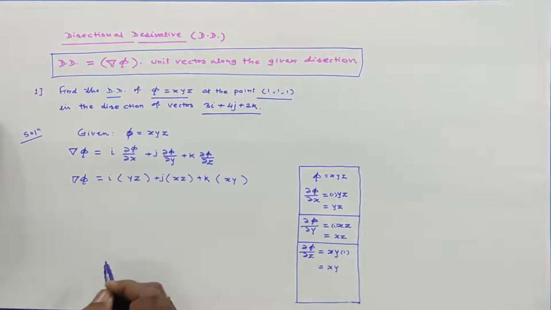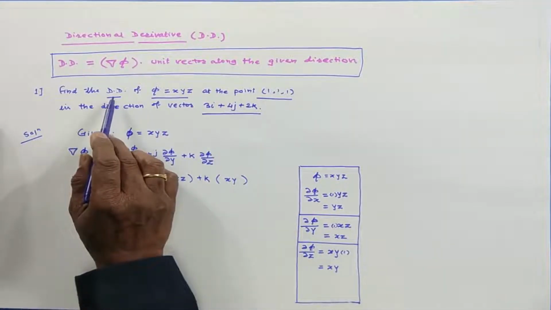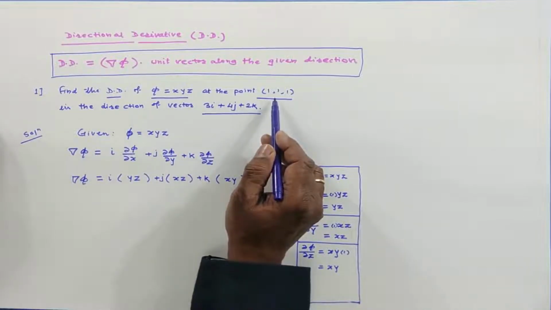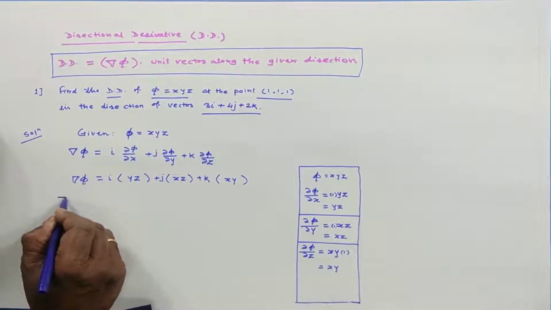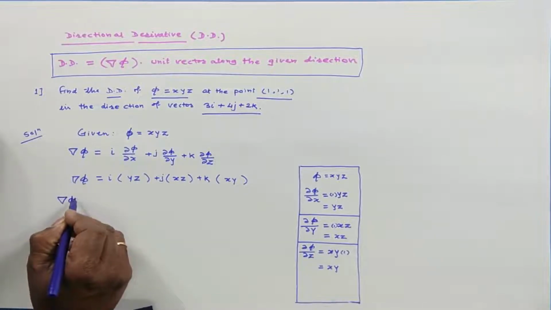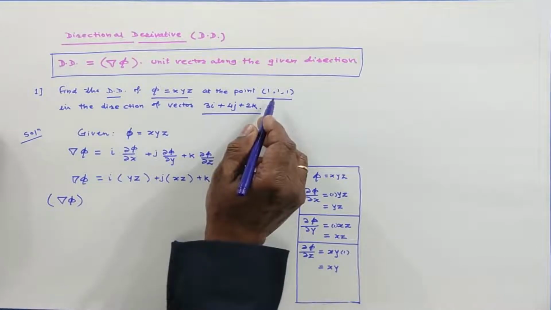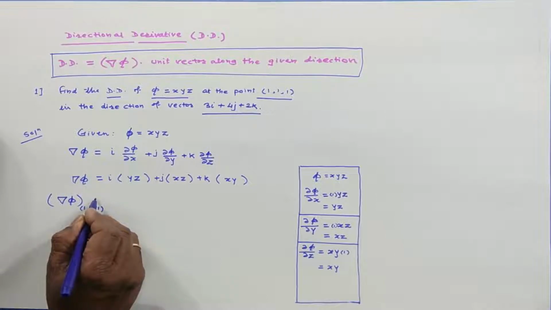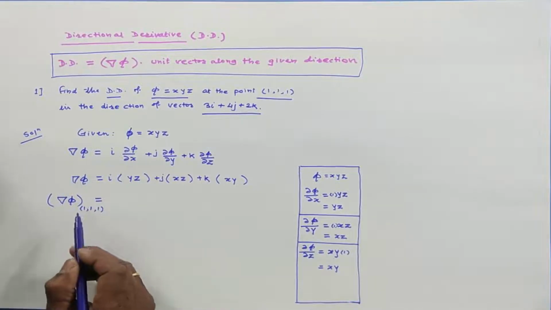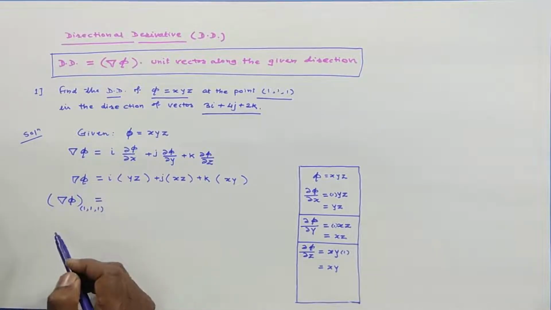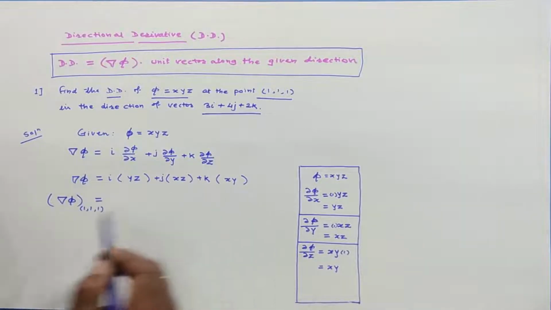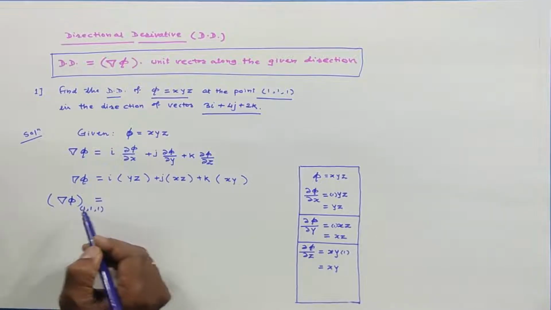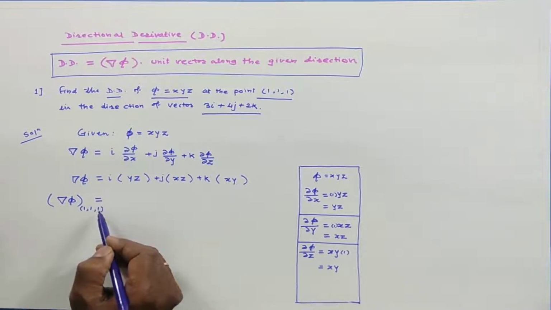Now it is required to find the directional derivative of phi at the point (1, 1, 1), so the gradient of phi at this point is required. To get its value, simply substitute x equal to 1, y equal to 1 and z equal to 1.